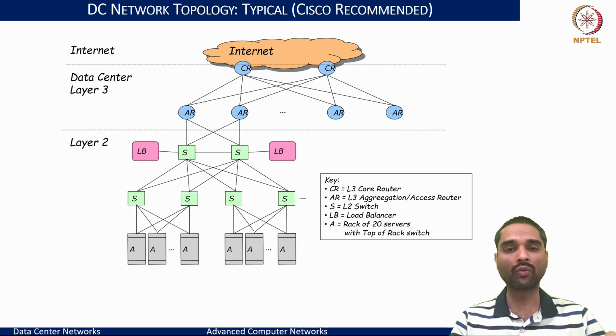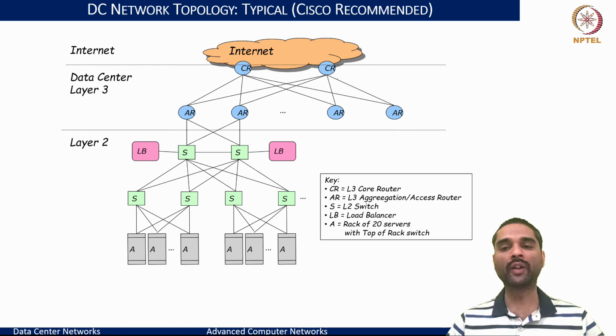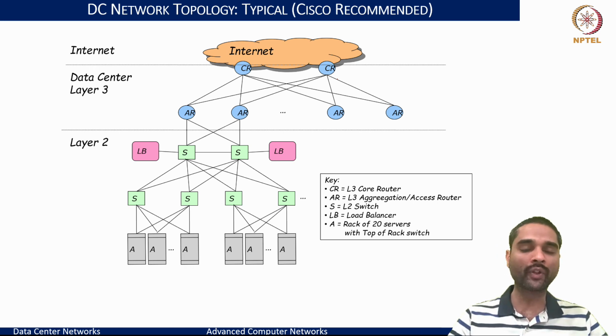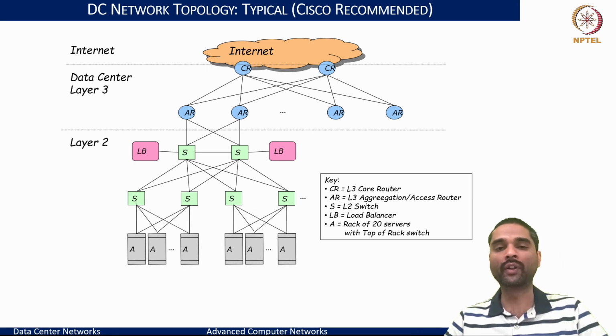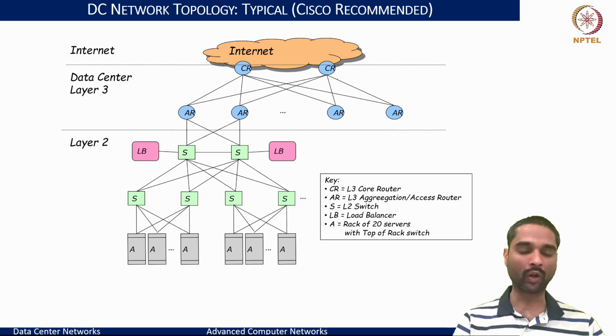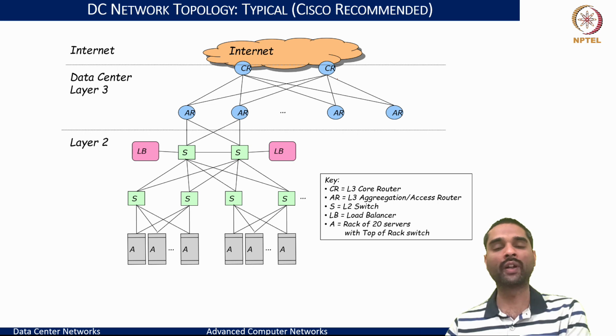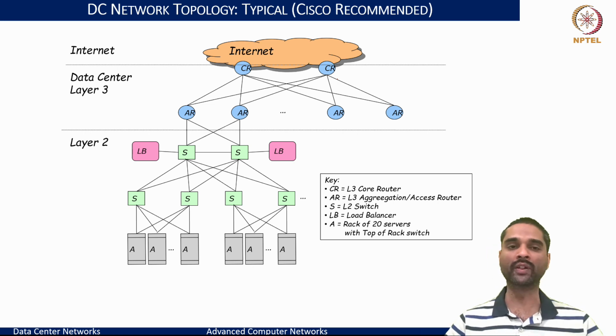Now we are spreading this network to multiple aggregation routers so that we are able to disaggregate the incoming traffic, channelize it for a particular operation, and also scale these aggregation routers as and how we want to scale the data center.